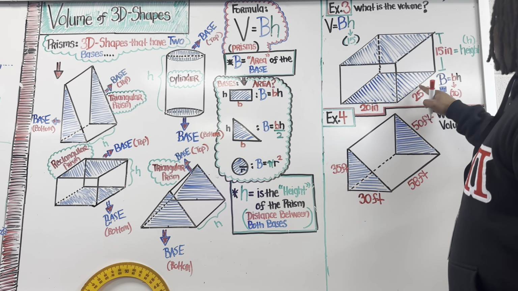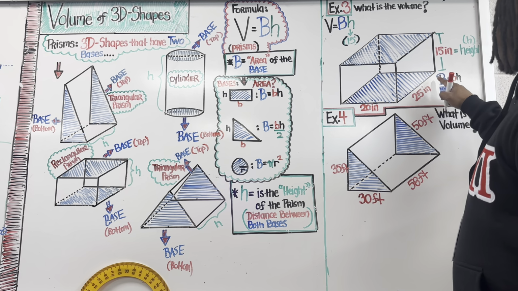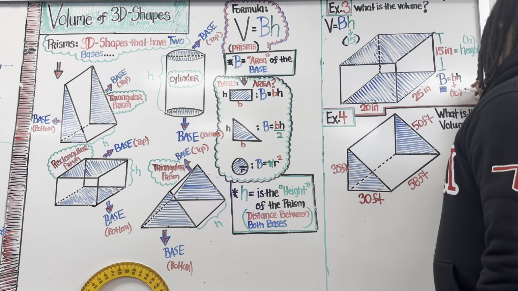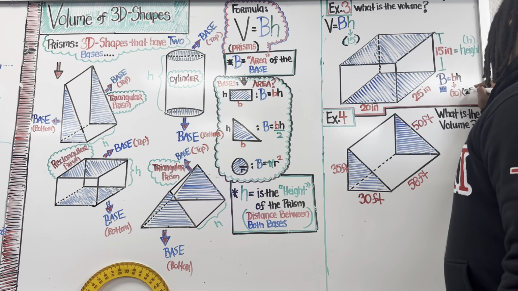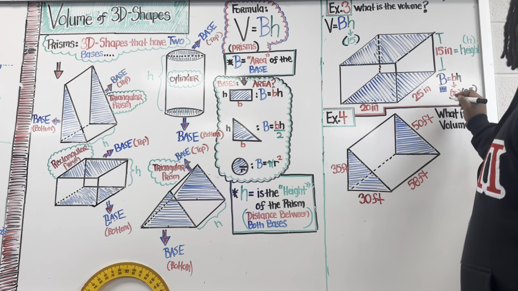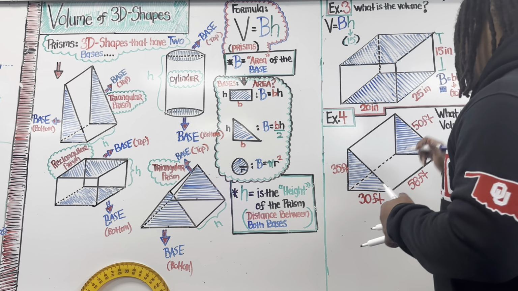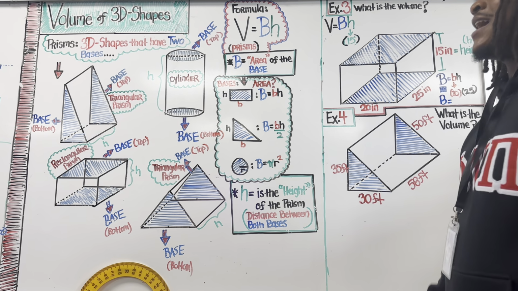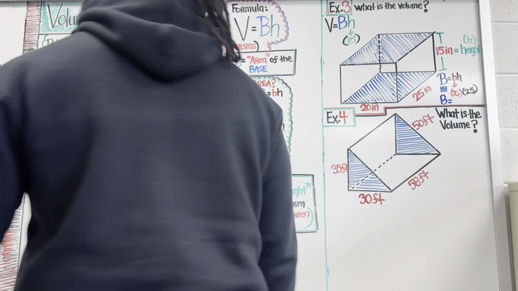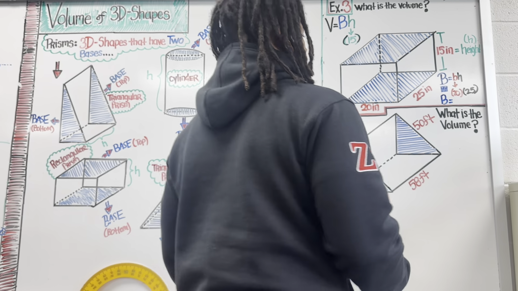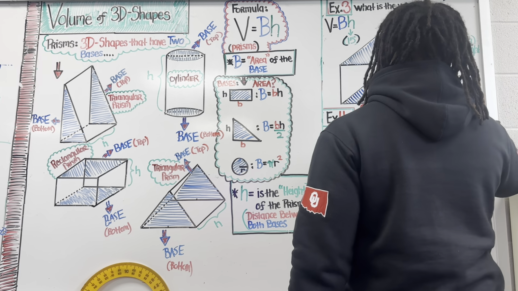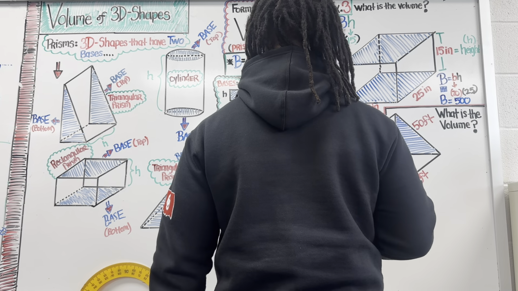And then the height of the rectangular base is 25 inches. So to get the area of just the rectangular bases, I have to do 20 times 25 to get the value of big B. And 20 times 25 is 500. So the area of the base is 500.